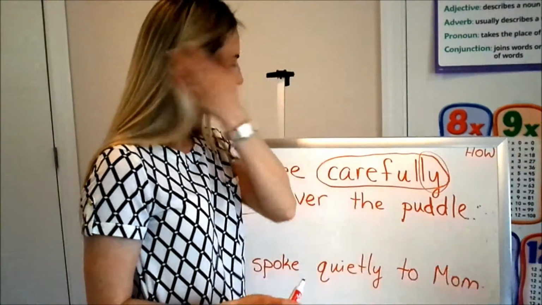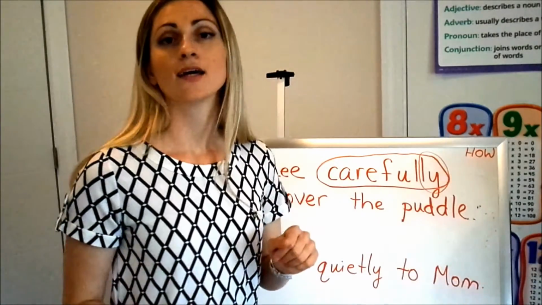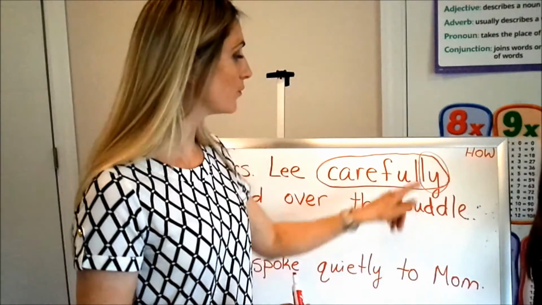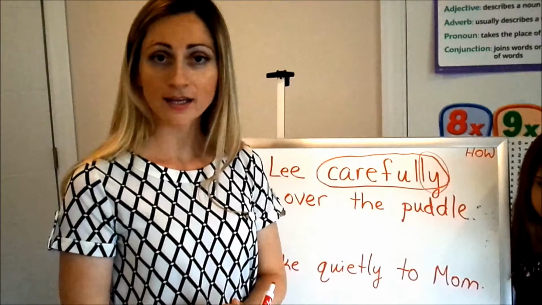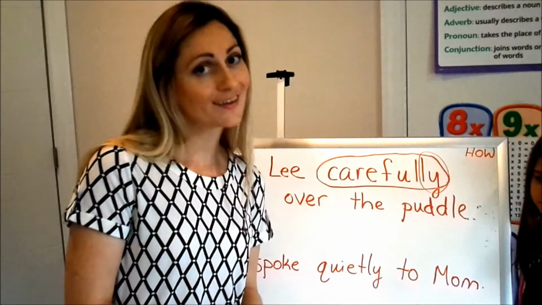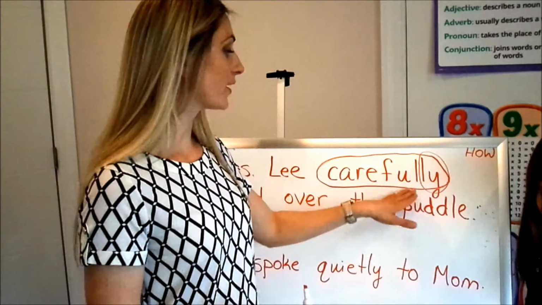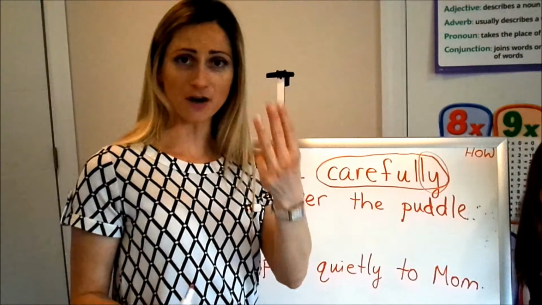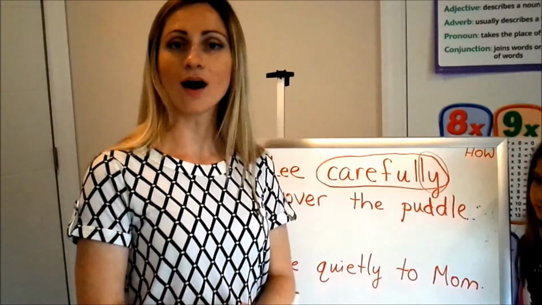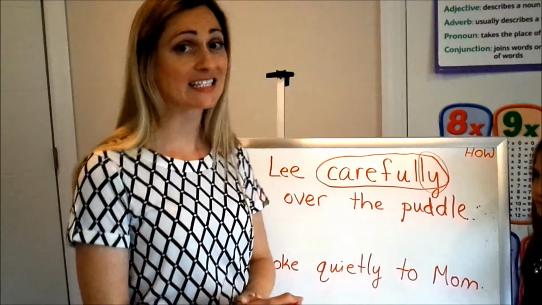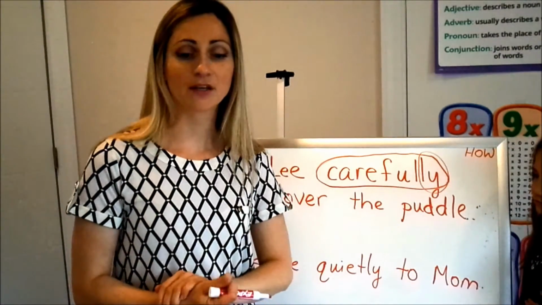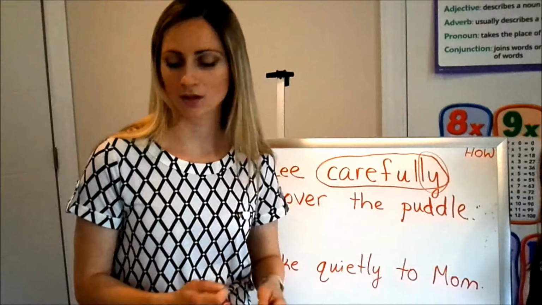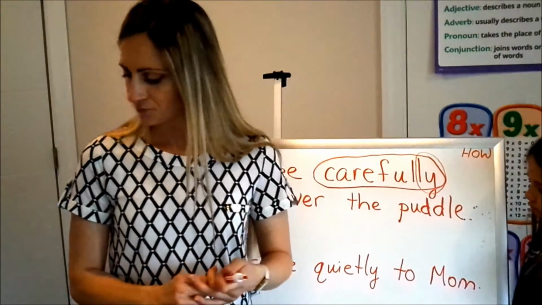L-Y. A lot of adverbs will have an L-Y ending. So slowly or quickly or carefully. Notice all three words that I've mentioned so far, they all have an L-Y ending. So pay attention to that.